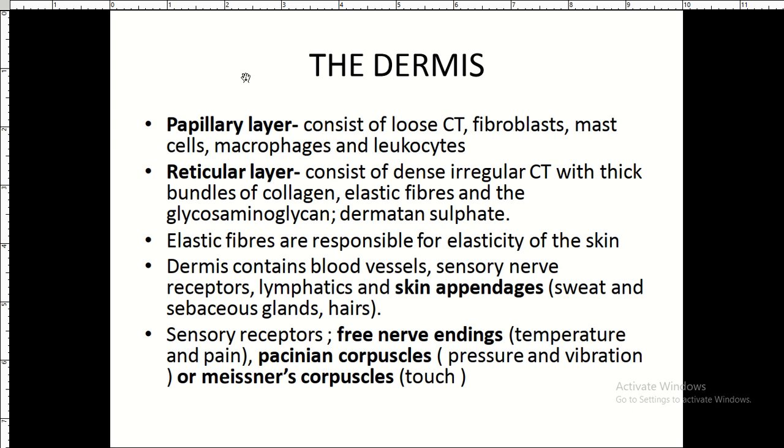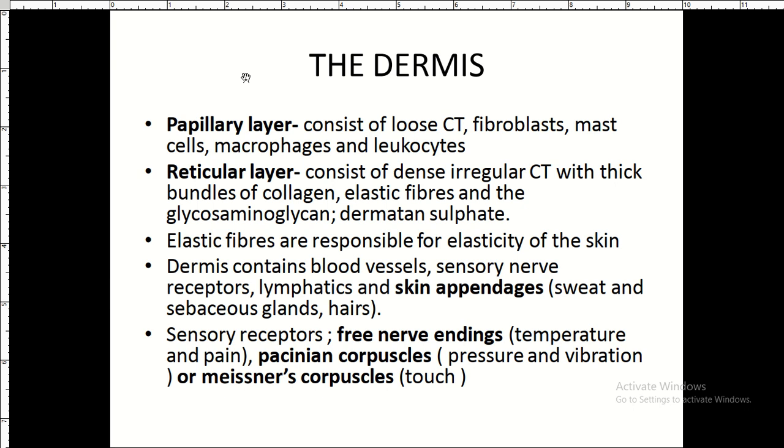And it has type 3 collagen, as well as type 7 collagen. Remember, the basal lamina has type 4 collagen and type 3 collagen joined together by type 7 collagen, if you remember. So the papillary layer is going to have loose areolar connective tissue, right?